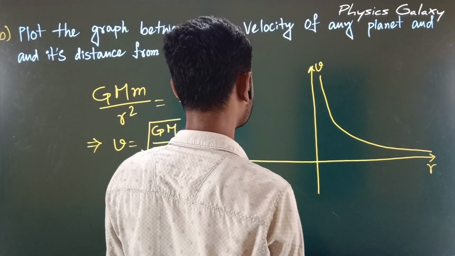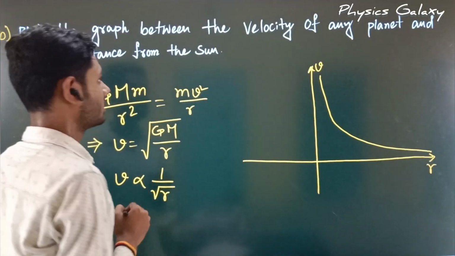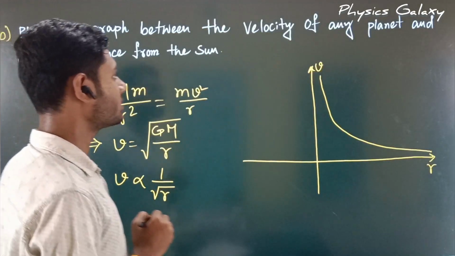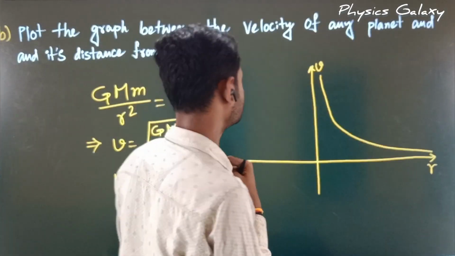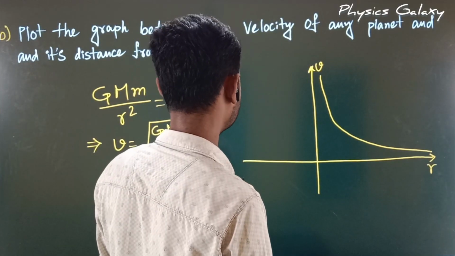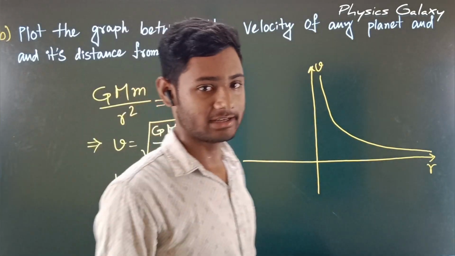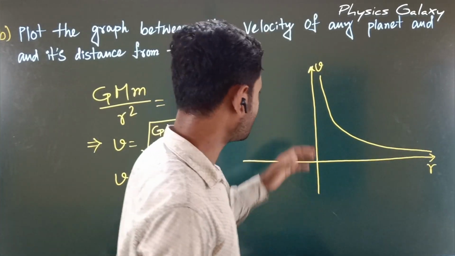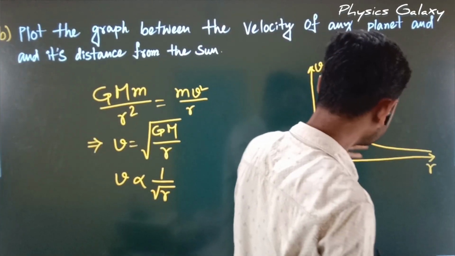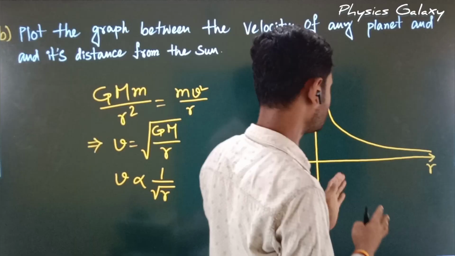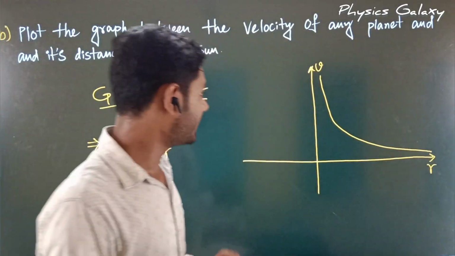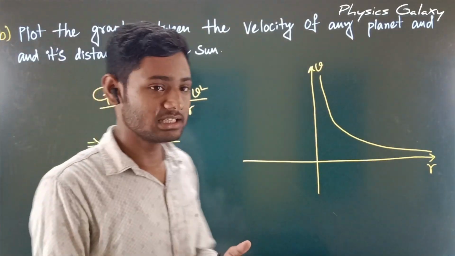So yes, this is the graph between velocity and the distance between the planet and the sun. Actually, the velocity decreases when the distance between the planet and the sun increases.